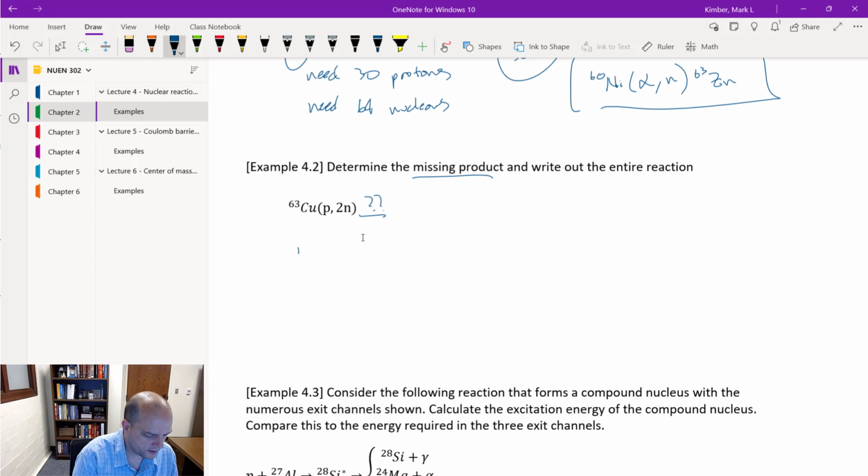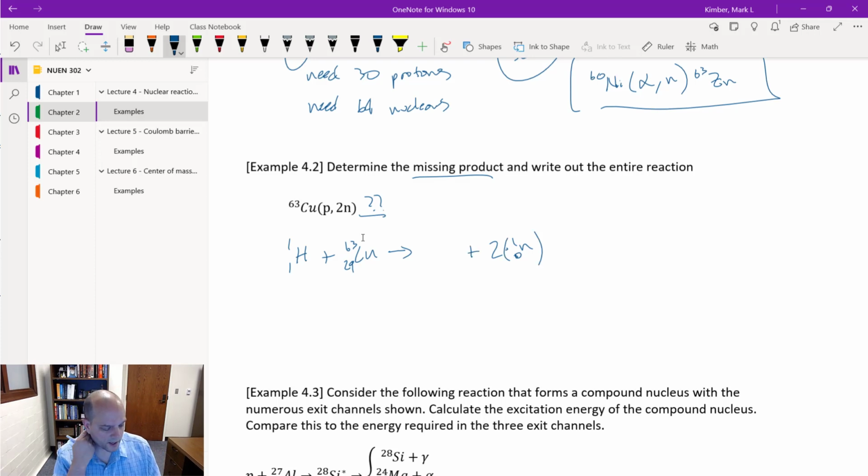We've got a proton, so hydrogen-1, plus copper-63. Copper has 29 protons, and that's going to produce 2 neutrons, and then some missing product, the heavy one.